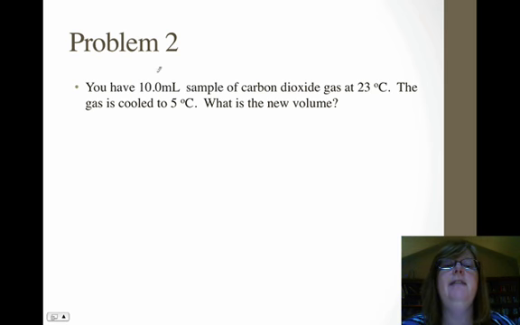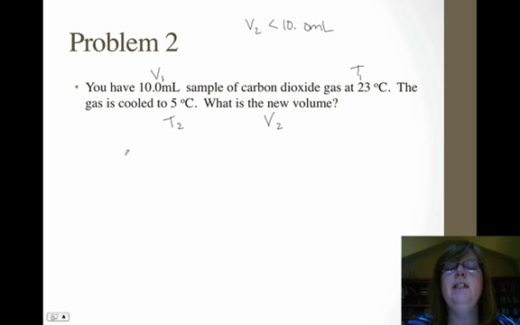All right, so you have 10 milliliters of a sample of carbon dioxide gas. That's V1, and it's at 23 degrees Celsius, so that's T1. The gas is then cooled down to T2, 5 degrees. What is the new volume? So we're solving for V2. We are cooling this down, and so our volume should go down. So V2 should be less than 10 milliliters.